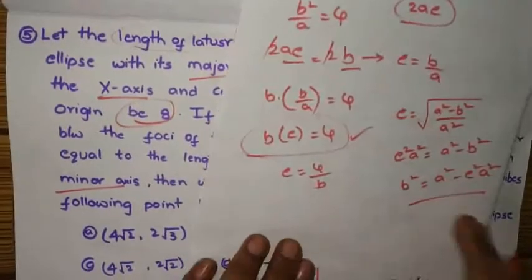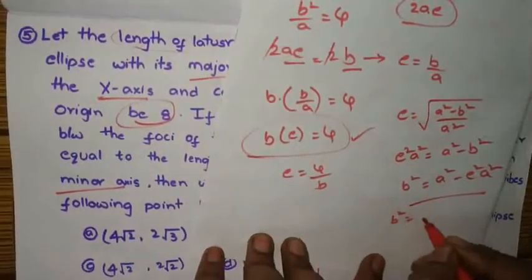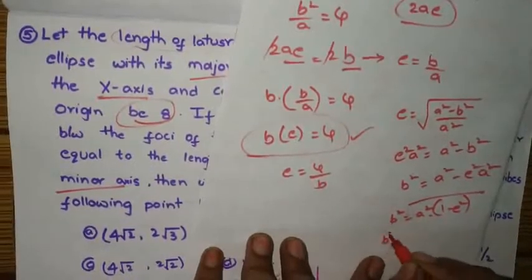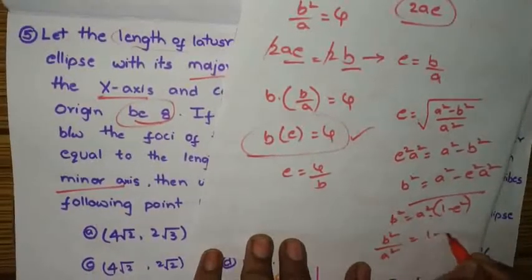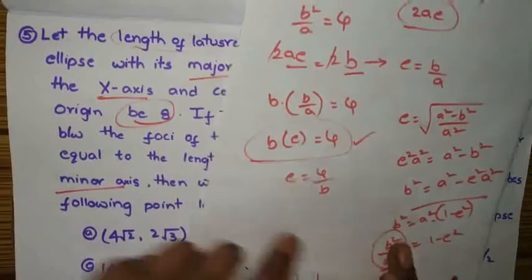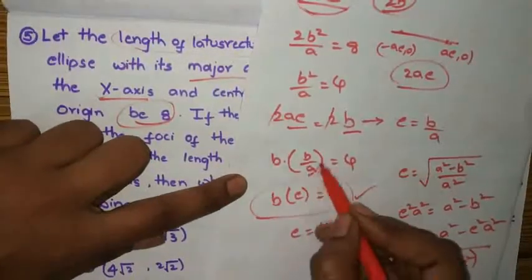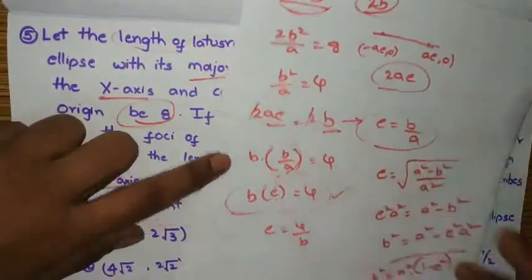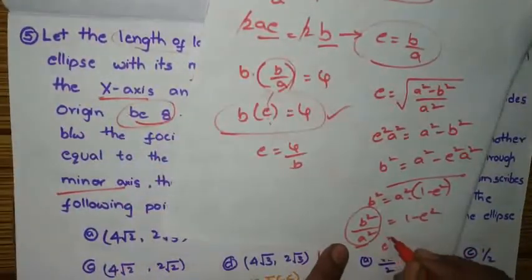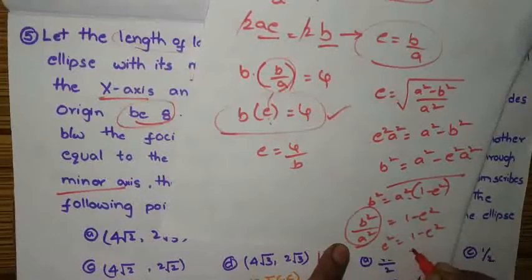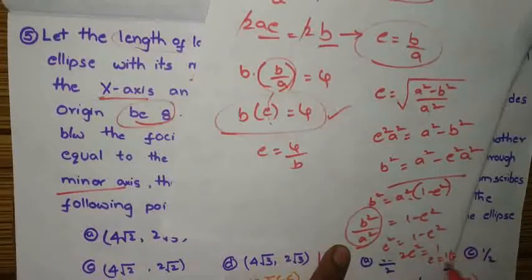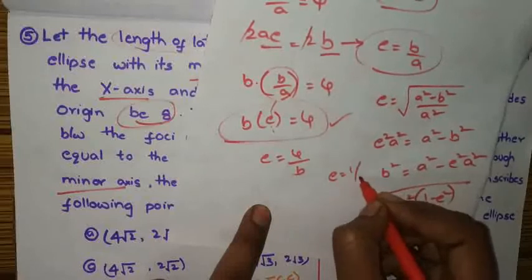So b square is equal to a square into (1 minus e square). Now b square by a square is equal to 1 minus e square. What is this b by a value? The b by a value we put as e, as we got earlier. So e square is equal to 1 minus e square. Then 2 e square is 1 and the e value will be 1 by root 2. So the eccentricity value is 1 by root 2.